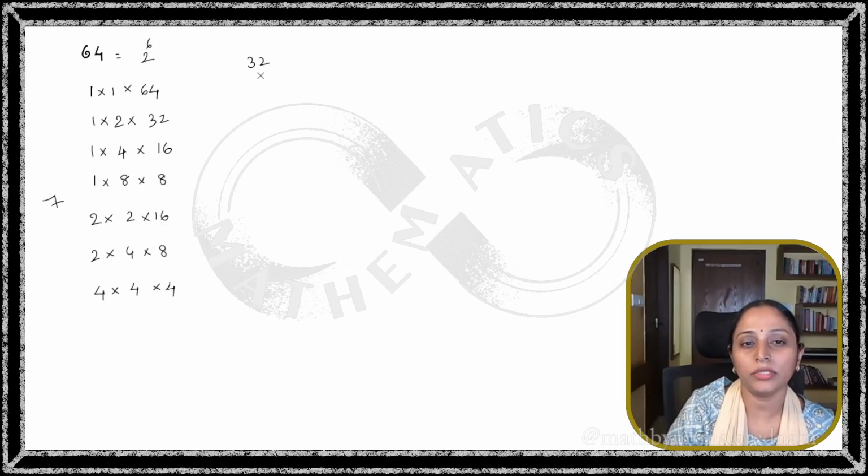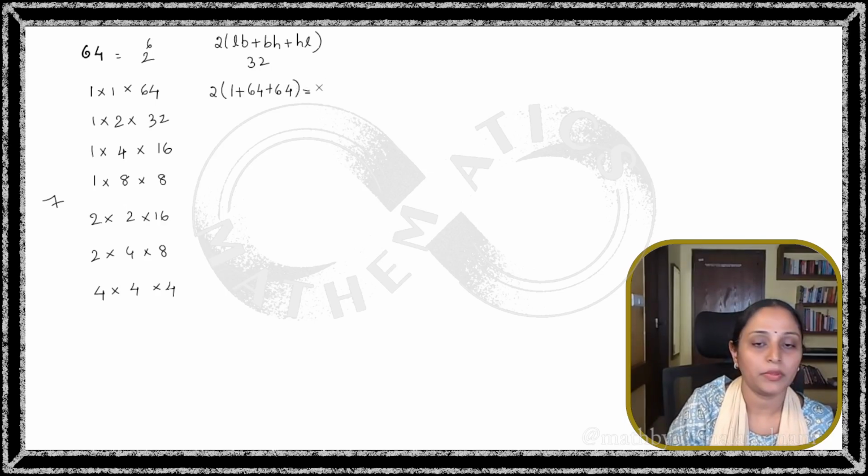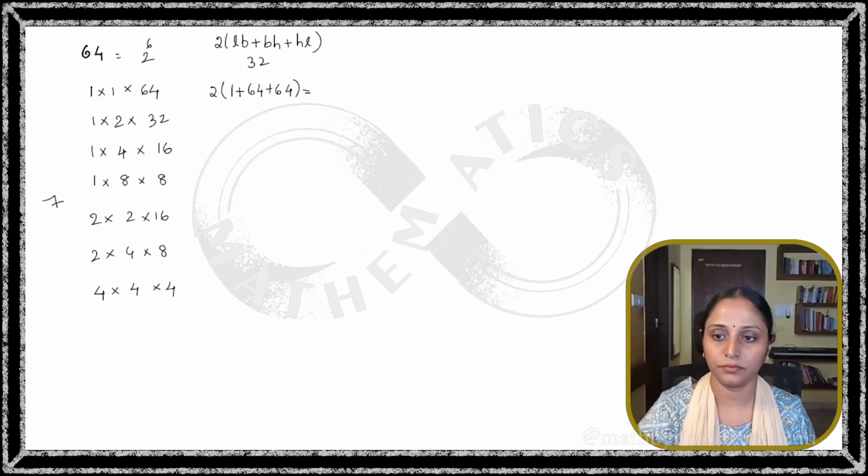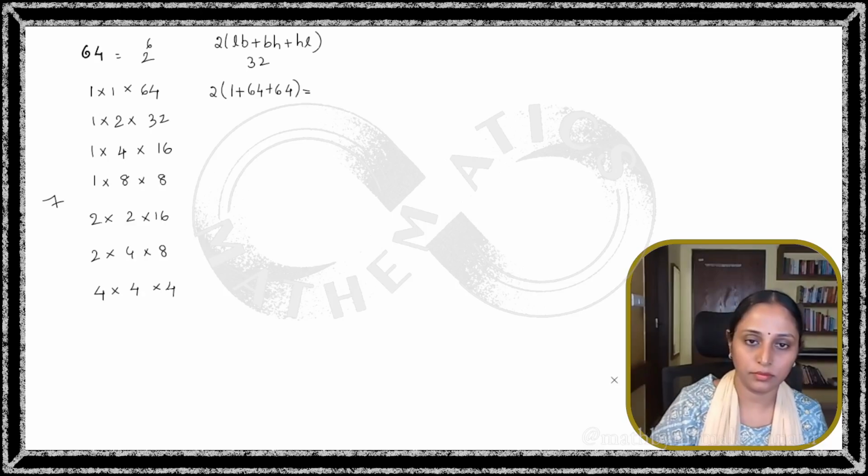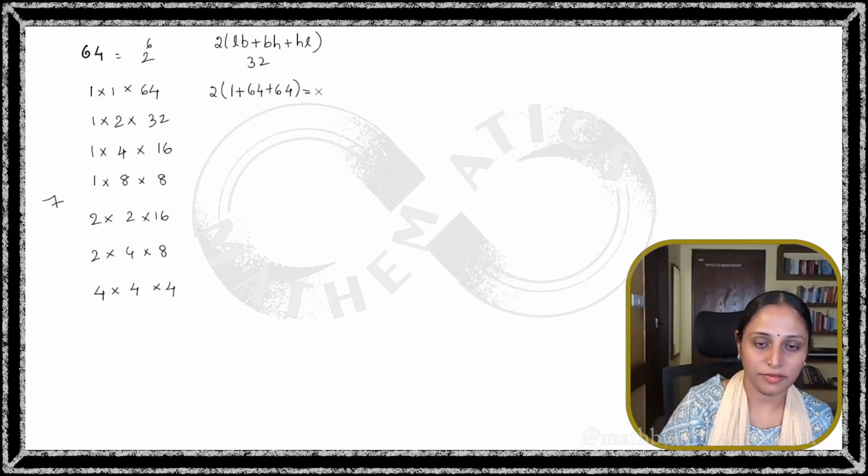Now they're asking us the surface area, right, of each arrangement. So here you know that the surface area of a cuboid is 2 into LB plus BH plus HL. So here it is going to be 1 plus 64 plus 64, right? Let us quickly calculate all the surface areas.